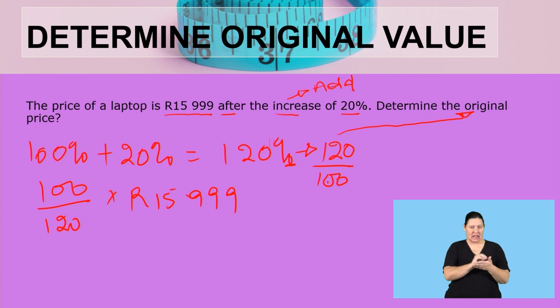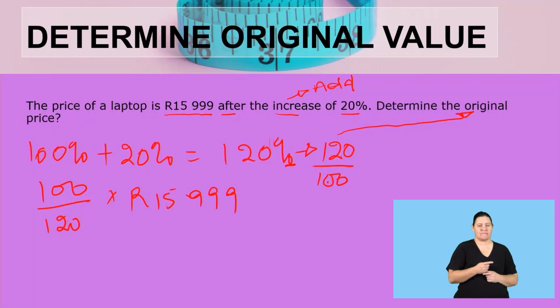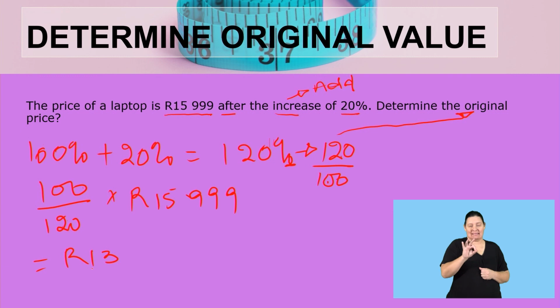You are pressing the calculator with me. Then the answer we are getting is 0.833 recurring. We multiply the amount by 15,999. When we multiply it by 15,999, the answer that we are getting is 13,332.5.